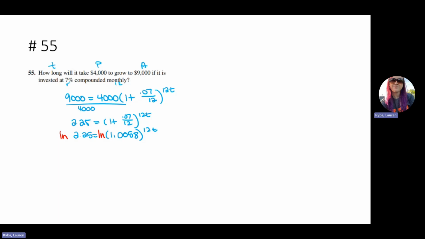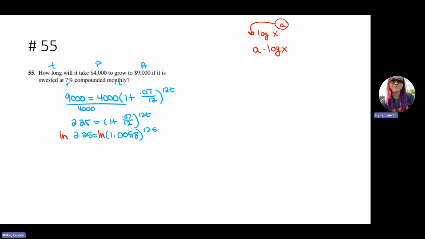There is a property for logs that says if you take the log of anything to a power, you can rewrite this as the power times the log of the number. That's a property.